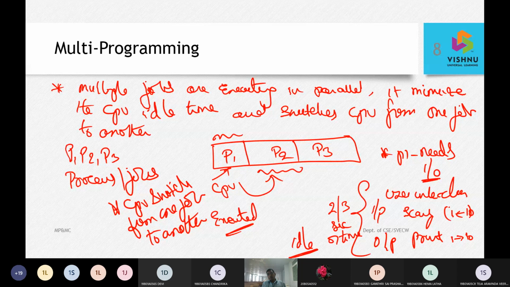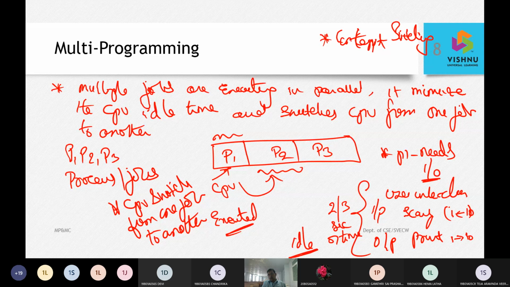That concept we are going to call context switching.